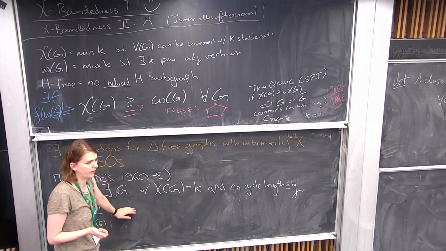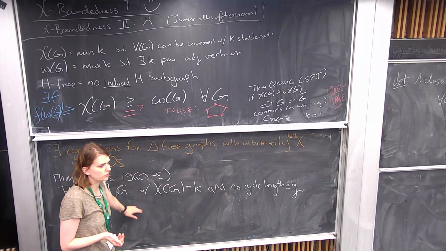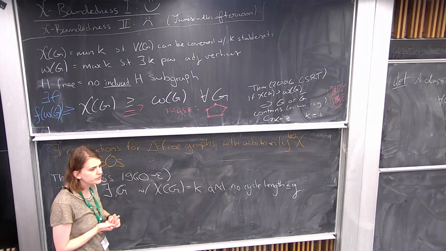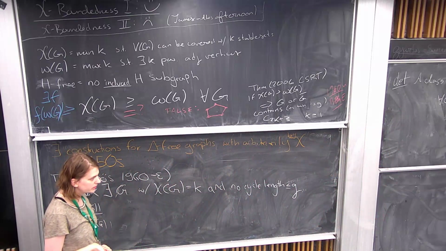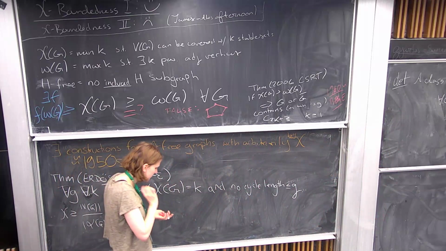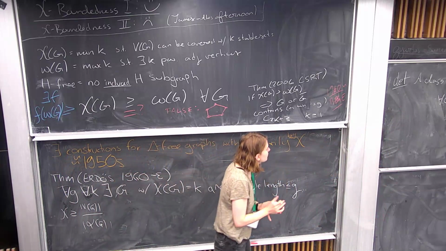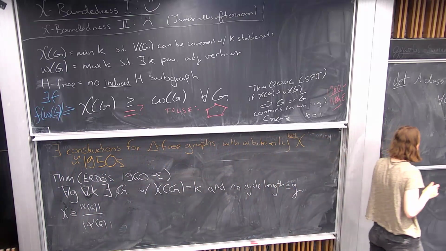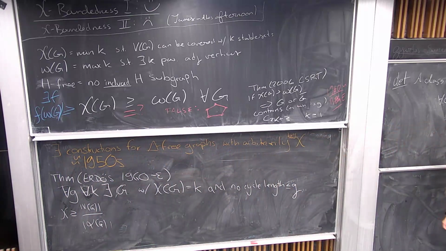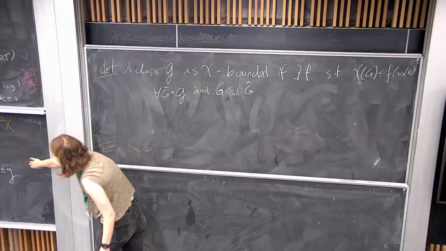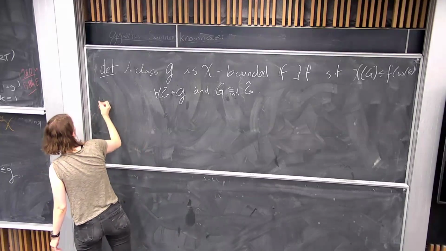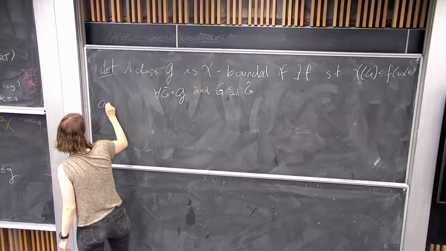The graphs with no short cycle, for whatever your definition of short is, are not chi-bounded. And indeed, we can rephrase the Erdős result in a nice way. It's a rephrase or corollary.